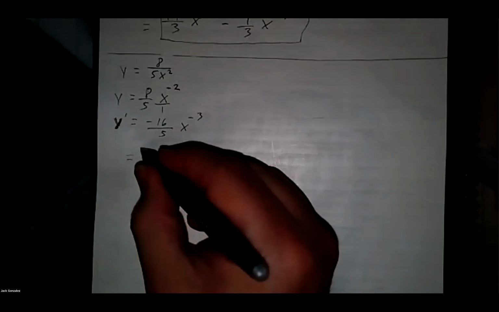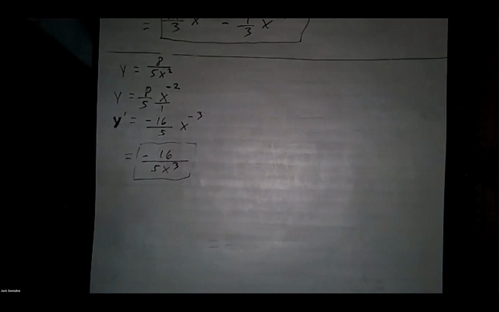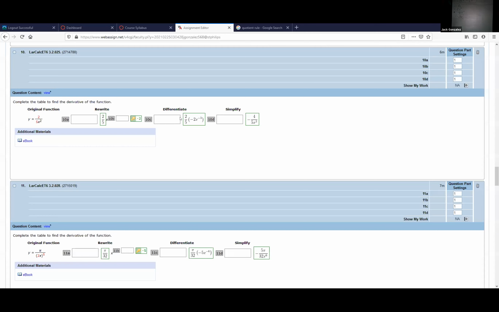Okay. That's it. Where I'm having trouble is actually completing the table. Table, you gotta follow the instructions. Let's look at it together. Yeah, so I was able to rewrite the problem.